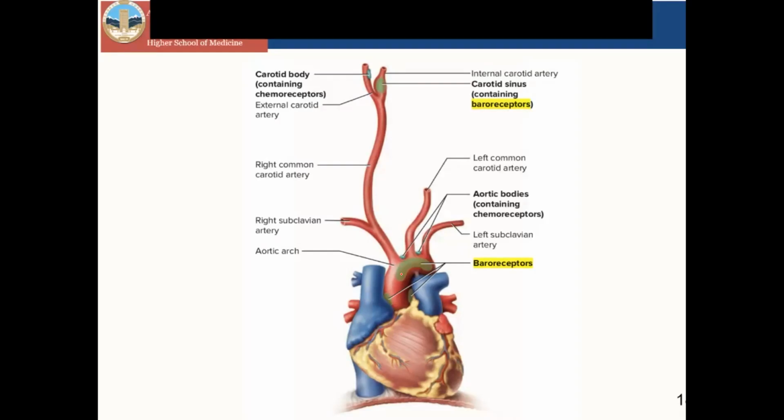Baro means pressure. When our pressure increases, these baroreceptors give signals to the cardiac center that we need to decrease our heart rate. Do you understand this one? When we have high blood pressure, we need to decrease the heart rate, which means decreasing blood pressure also.